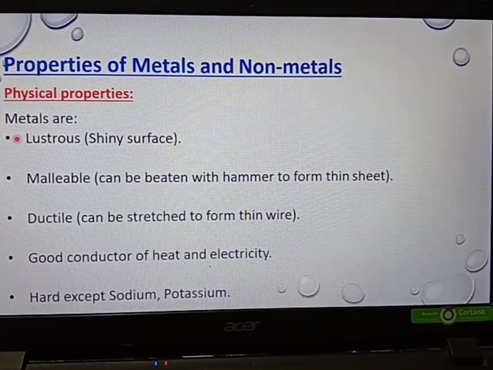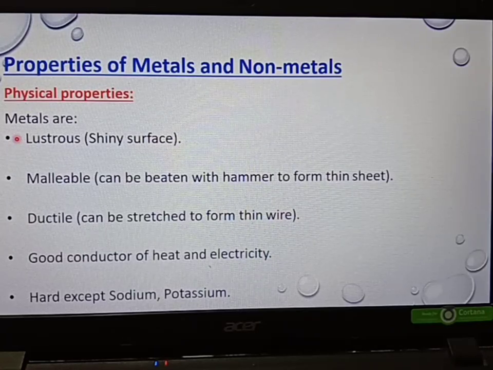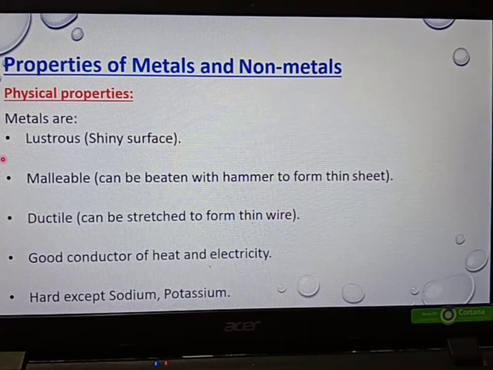And children, we have already learned that metals lose their shine when we expose these metals to air for a long time, and this is called corrosion. Next property is malleability.